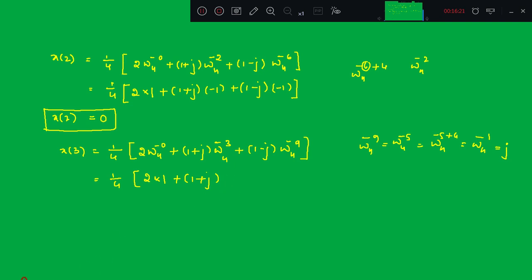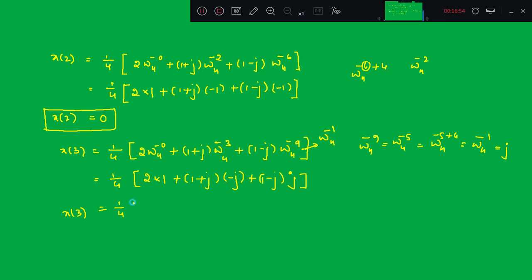So w4 is to minus 3 is equal to minus j plus 1 minus j. W4 is to minus 9 is nothing but w4 is to minus 1, which is equal to 1 minus j. Here it is equal to j. So after simplifying, what you will get? X of 3 is equal to, if you want you can simplify.